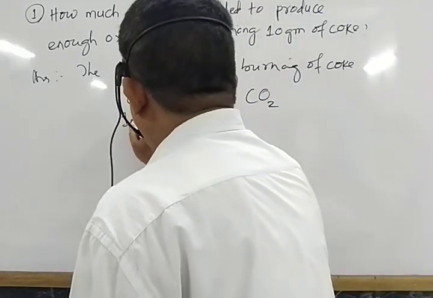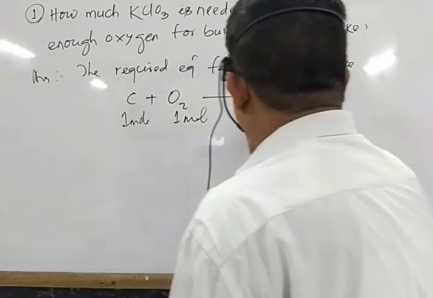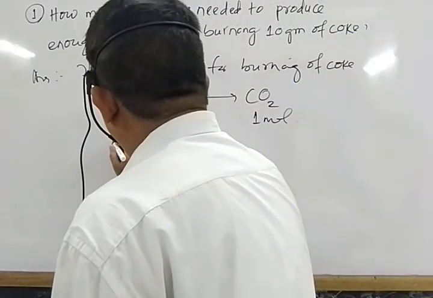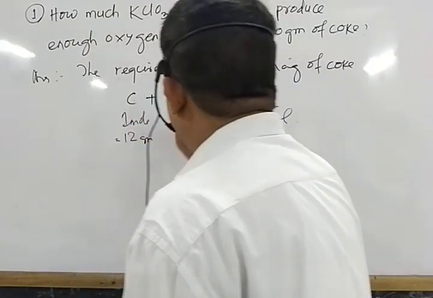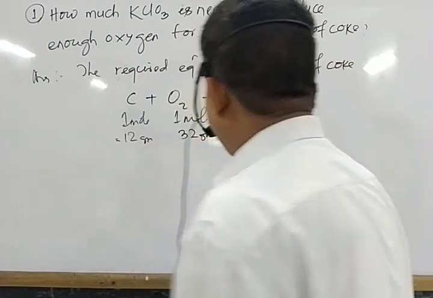That means it is 1 mole, 1 mole, and 1 mole. 1 mole of carbon is equivalent to 12 gram, 1 mole of oxygen is equivalent to 32 gram.